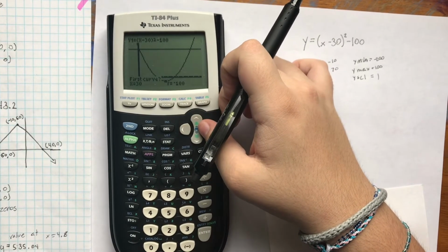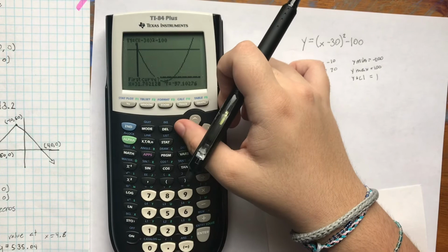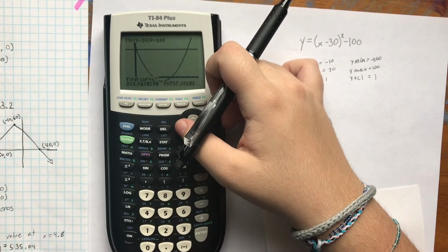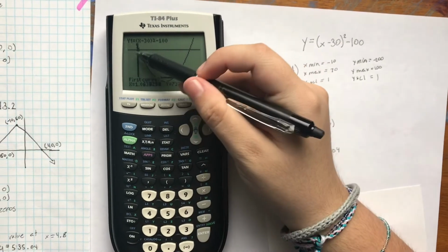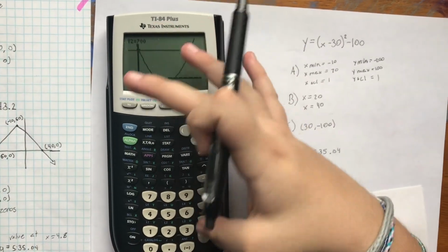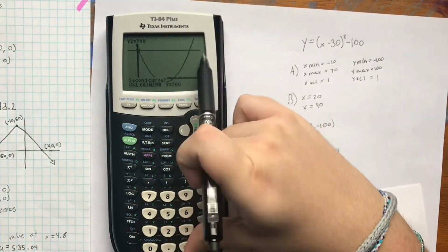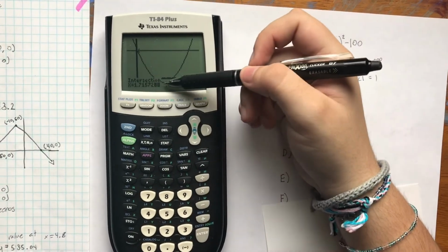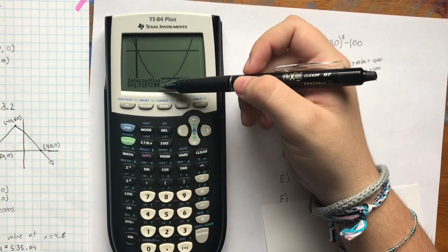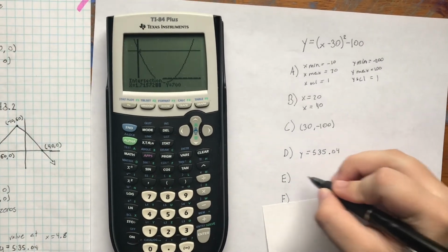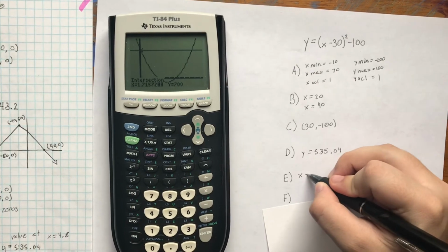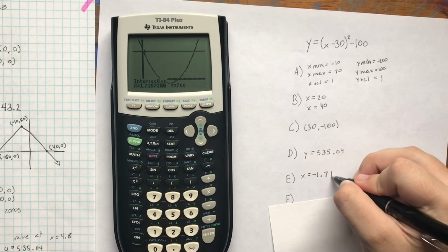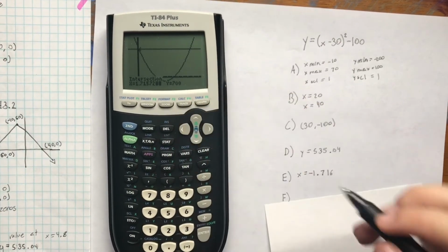And it'll ask you for the first curve, which is your first line, and you're going to get close to that intersection there. There's your first one. The second curve, it should already be pretty close, and then enter for guess. And there's your first intersection and your first x value. So you can put that as x equals negative 1.716, just to round that off there.